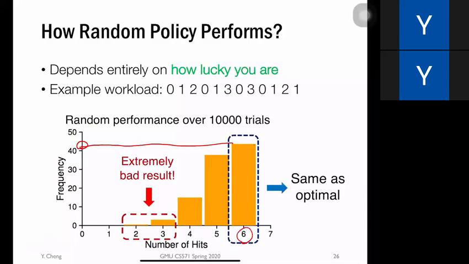But on the other end of the spectrum, we have extremely bad performance, a cache hit count of 2 or 3. It means sometimes the random policy leads to extremely bad performance, and this completely depends on probability, or how lucky you are. Okay.